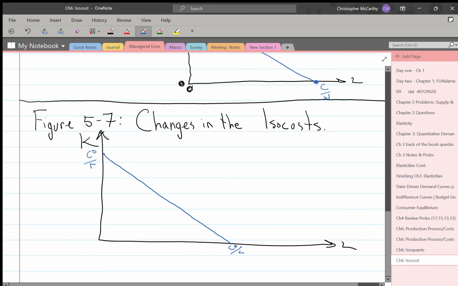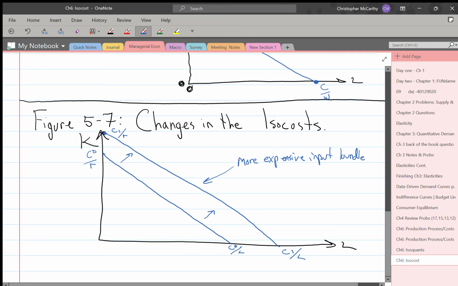What if I have greater costs? If I have greater costs, that's going to be a shift outwards in this isocost line. So C1 over W, and this is going to be C1 over R as the intercept up here. This is going to be the more expensive input bundle, and this will be the less expensive input bundle. So C1 is more dollars than C0.